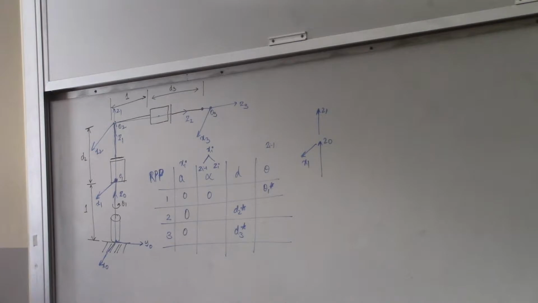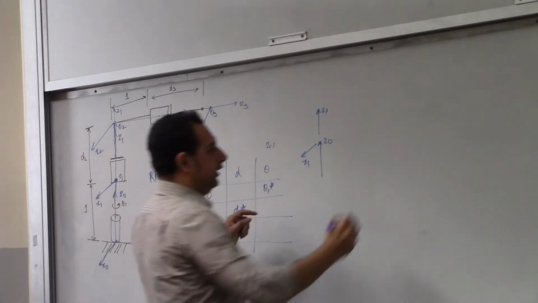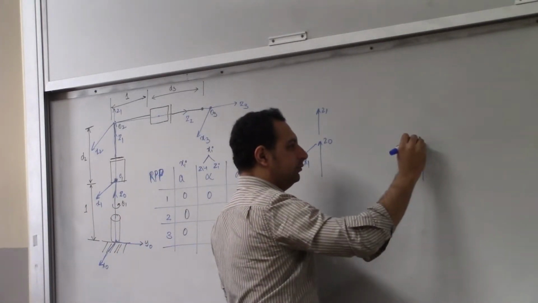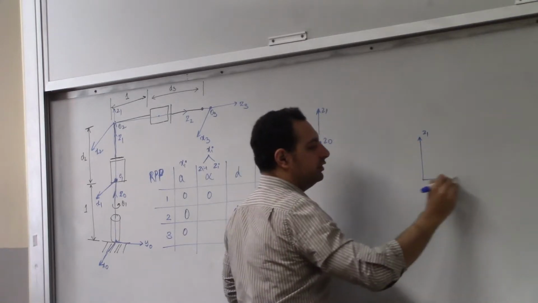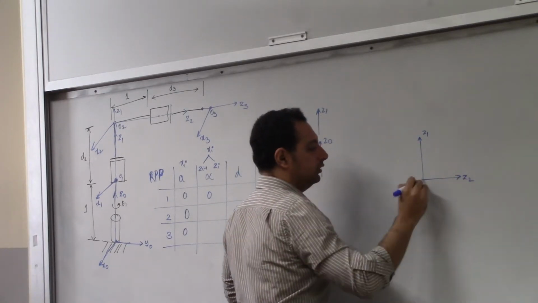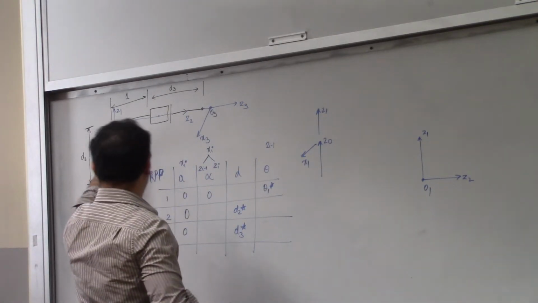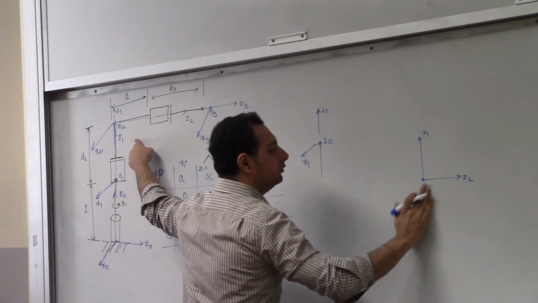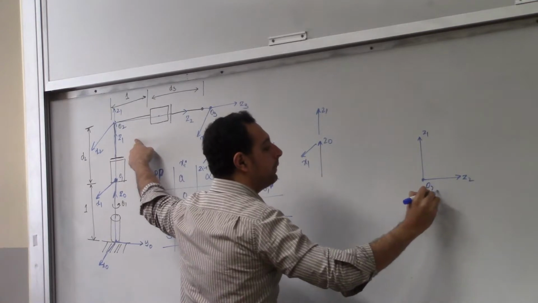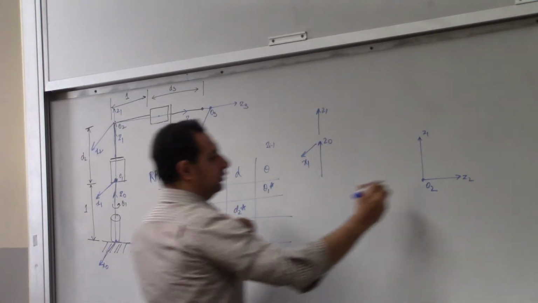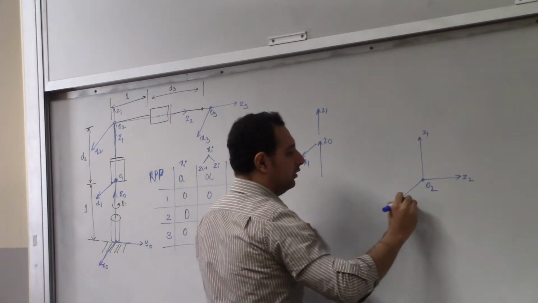How about alpha 2? Here you have z1, this is z2, this is your origin, and at this point O2 comes in. You have x2 like this.